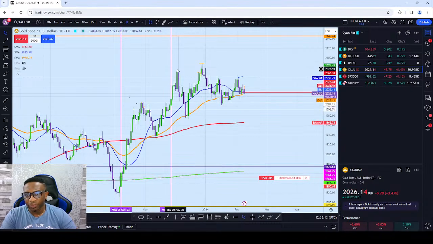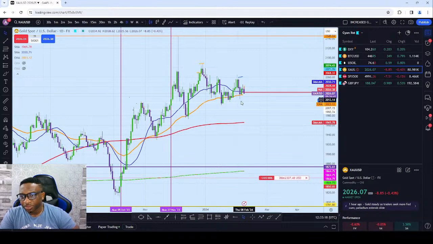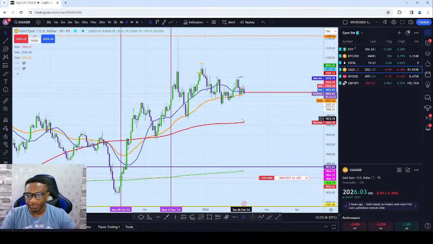So on the daily, price is being held up at this level of resistance. It's been testing, and now it's kind of pushing below the moving average. With regards to where the 200 moving average is, it went to a wide state and is now coming to a narrow state, a narrow state at the moment.